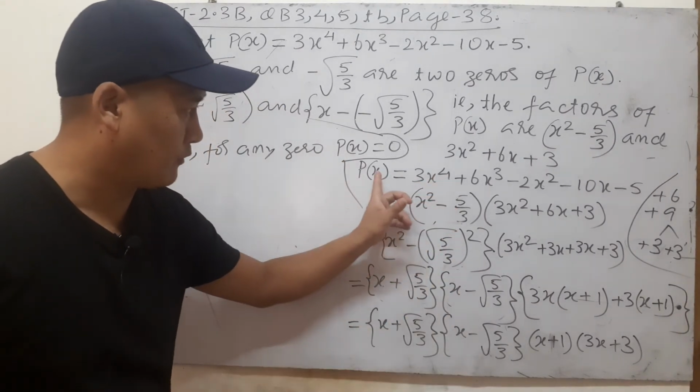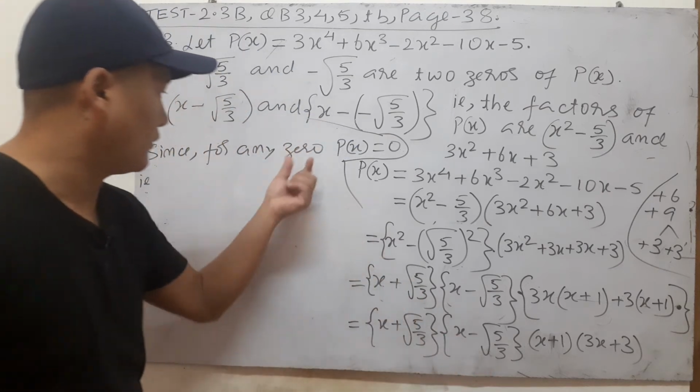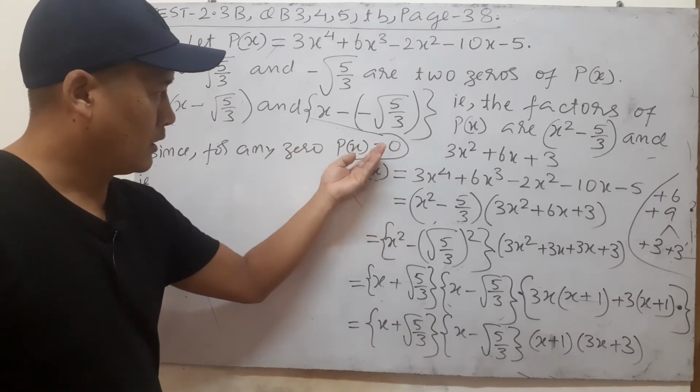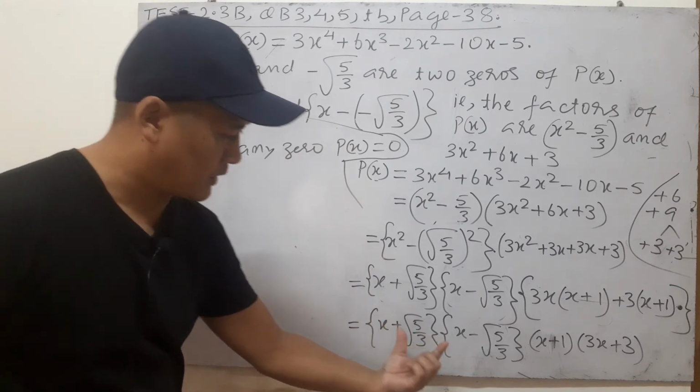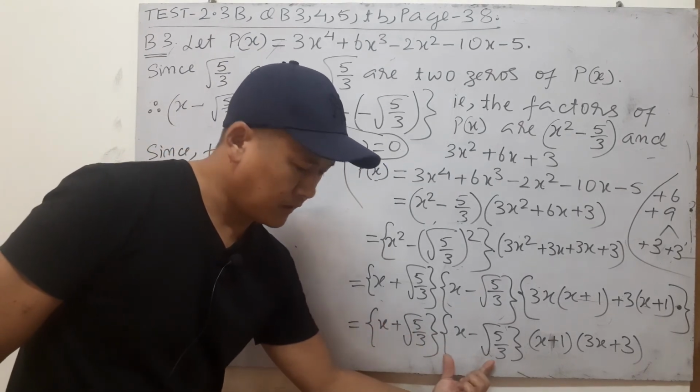So let us take this form. P of x is replaced by p of x on the left side, 0 on the right side of the equal sign, and on the left it is replaced by this simple factorized form of p of x.